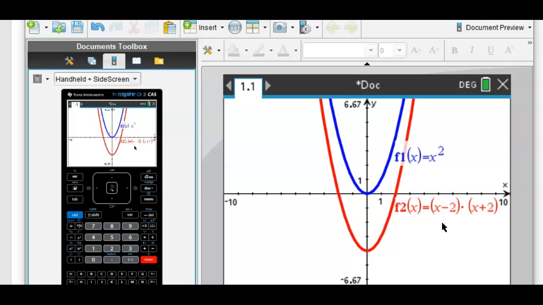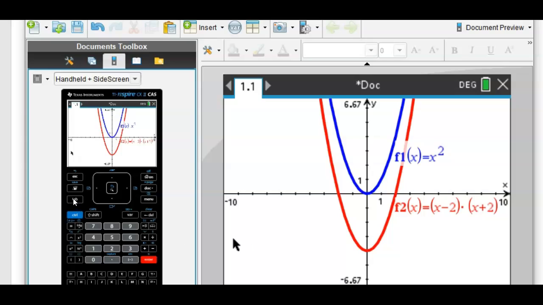If you look at your factorized form, (x minus 2)(x plus 2), if we were to solve that for 0 using what we call the null factor law, that basically tells you your x-intercepts. So we're here at x equals negative 2 and x equals 2. As we go through this video, it'll probably make more sense when we get our solutions what they relate to. They just relate to where your graph crosses the x-axis.